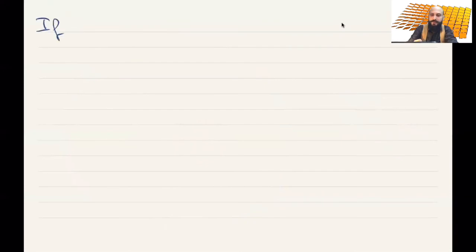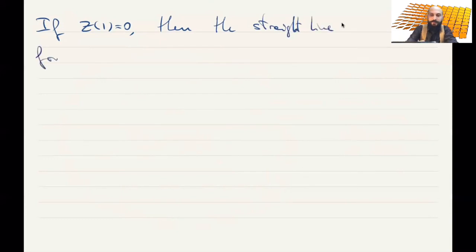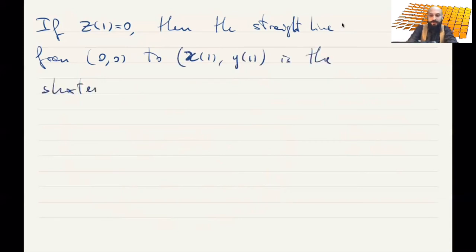So if Z1 is equal to 0, then the straight line from (0, 0) to (x1, y1) is the shortest curve between them.